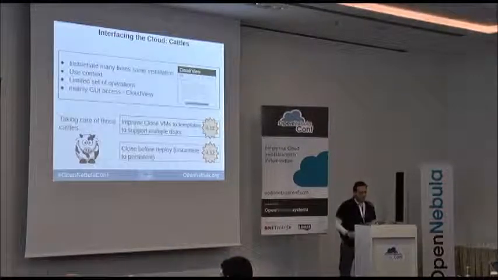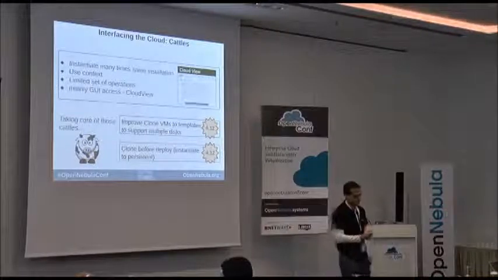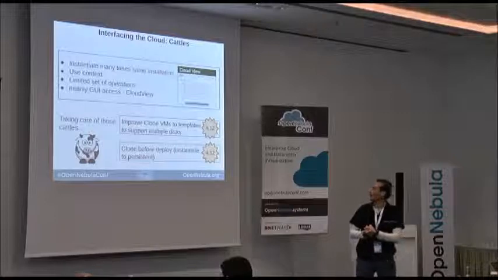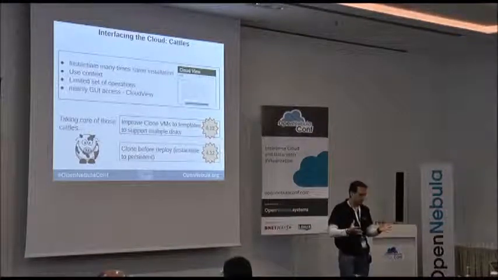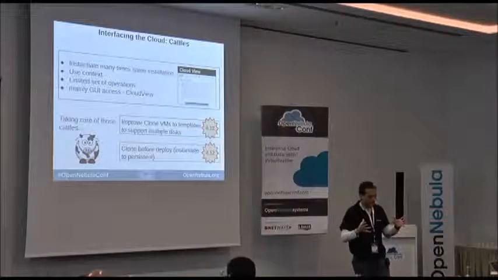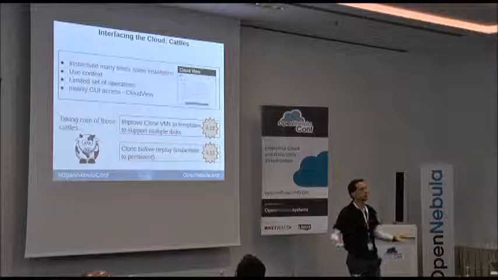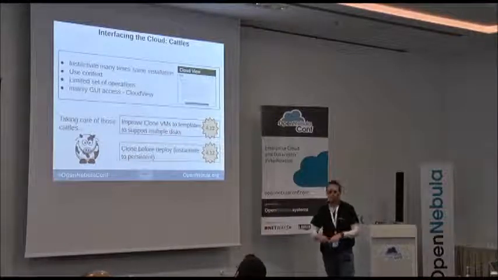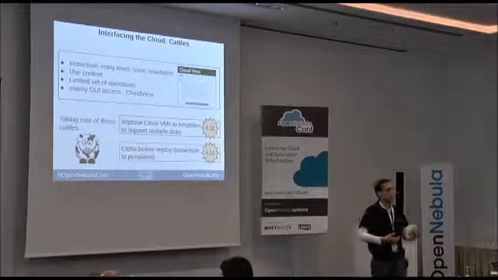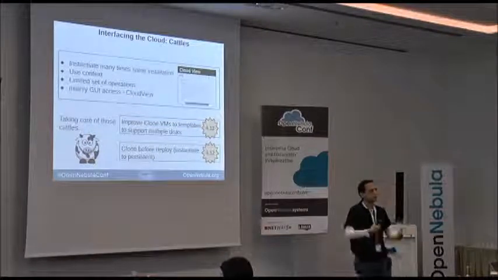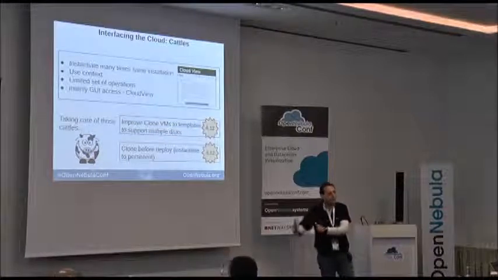So in OpenNebula, how do we do it with cattle? The idea is that you prepare your virtual machines, thinking that this is going to be installed once, but it's going to be instantiated many times, right? But for your users. Here you can leverage context, because as you are going to instantiate the same thing multiple times, that same thing is going to be different or a little bit different for different users.